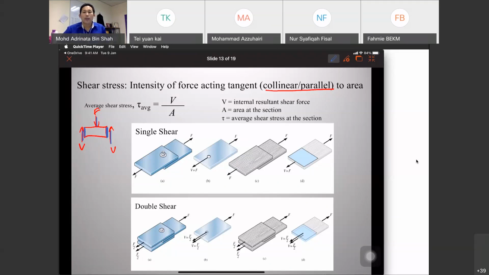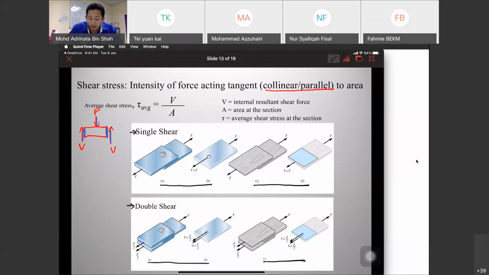So from the figure, it shows that this is single shear and this is double shear. So we look at the first one, single shear, figure A, this is the one, okay, and CD is another one, the same as double shear.